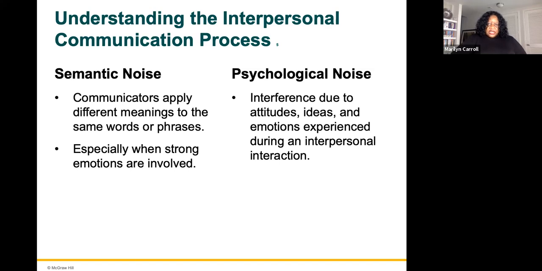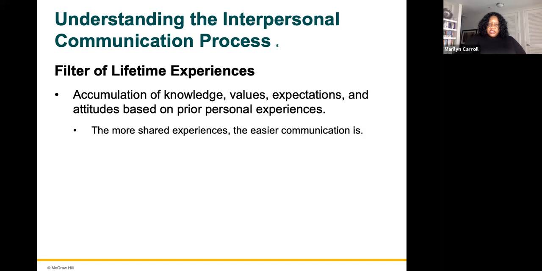And then there's psychological noise, interference due to attitudes, ideas, and emotions experienced during an interpersonal interaction. Those are four types of noises, and I want you to pay careful attention to those four types, okay?